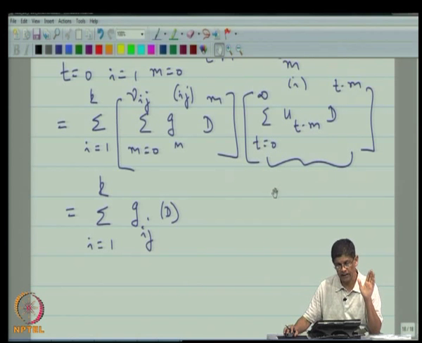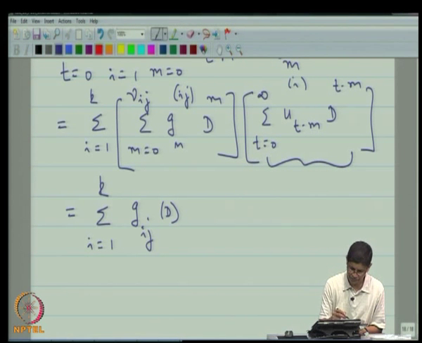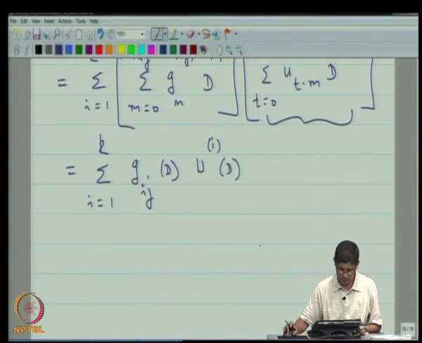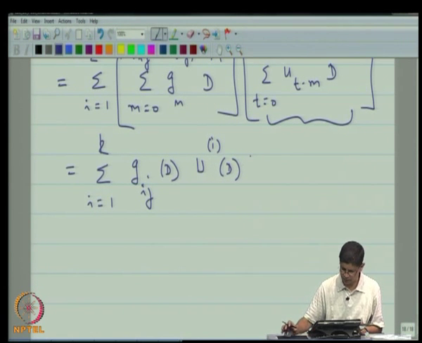Well, we will just assume that for any negative time instant the input was 0. Okay. So, if you assume that, then this just reduces to u_i(D). So, this is how the polynomial generator matrix crops up.